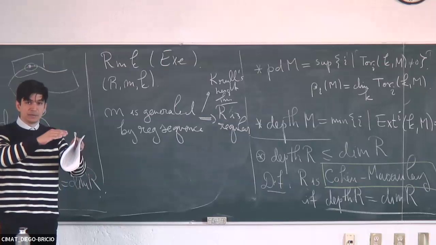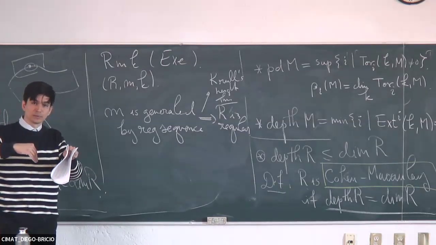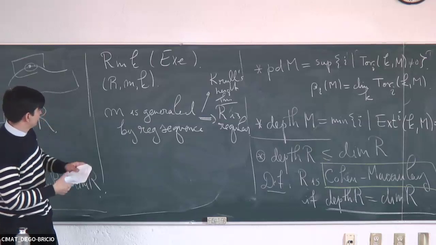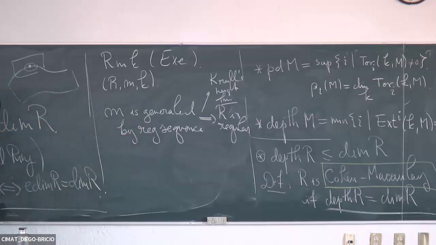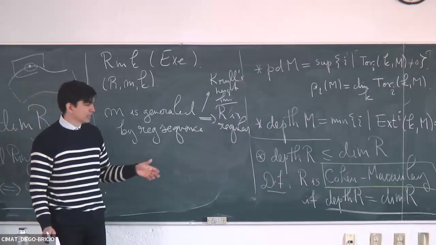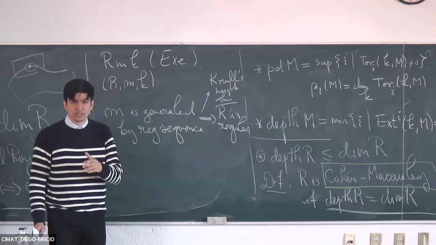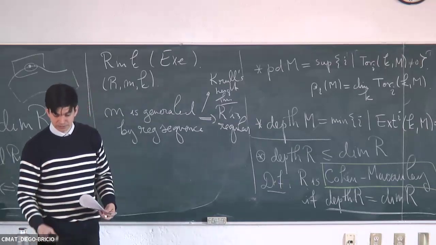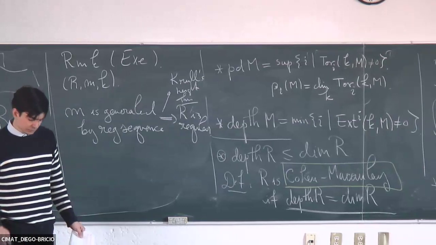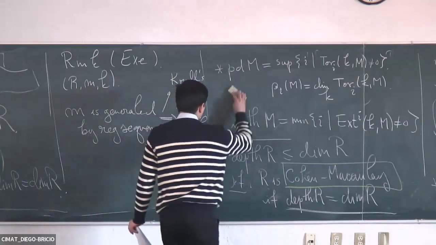Every time you cut out by an element, the dimension drops by one. And so if the maximal ideal is generated by a regular sequence, then you will see that the dimension of m modulo m squared has to be the dimension of R. So regular sequences are designed so that this happens. They're extremely nice. You wish everything was a regular sequence. That's the point.